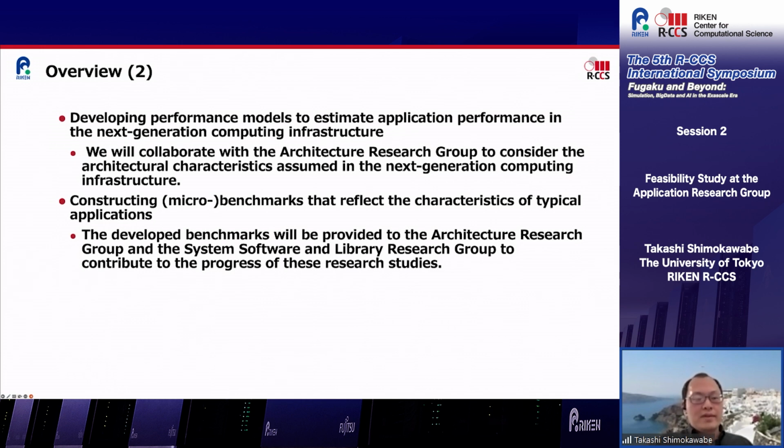And we build benchmarks, or maybe micro benchmarks, that reflect the characteristics of the representative applications. The developed benchmarks will be provided to the architecture research group and the system software and library research group to contribute to the promotion of their research studies.